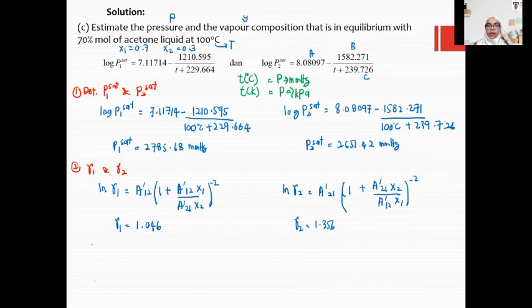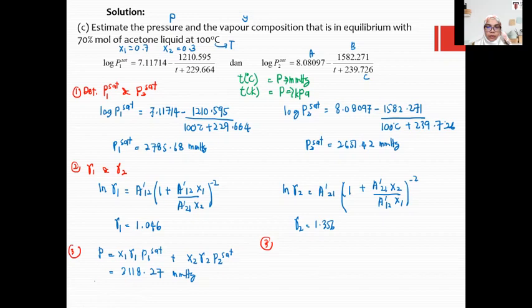Based on the modified Raoult's law, P equal to X1 gamma 1 P1 saturation plus X2 gamma 2 P2 saturation. So you can obtain the value of P as 3118.27 mmHg.